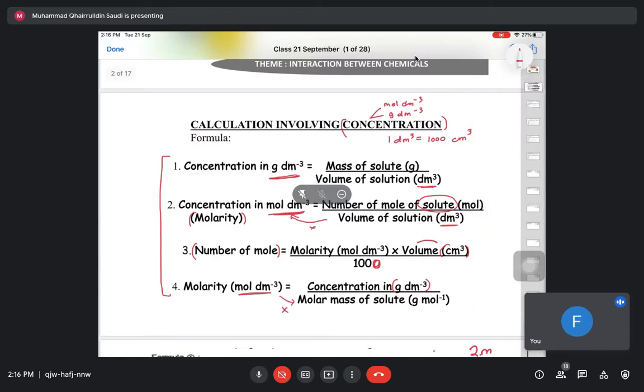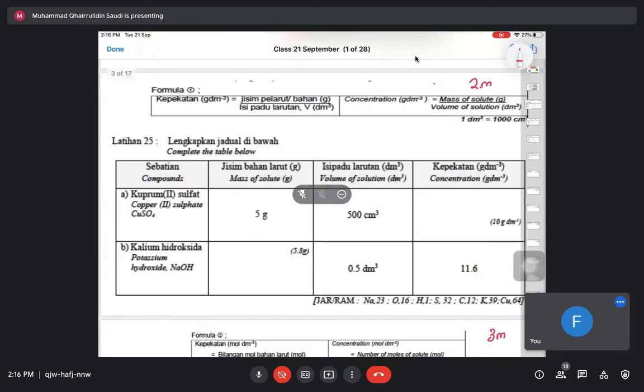Okay, next. We will start with exercise 25. Please open your module exercise 25. For exercise 25, the total mark will be 2 marks. If you got your answer right, this one is 1 mark, this one is another 1 mark.